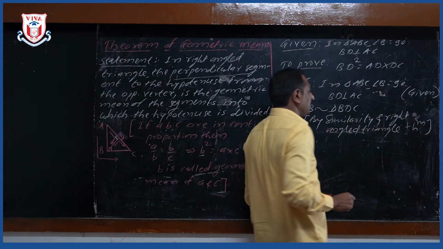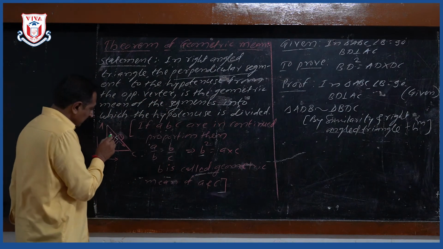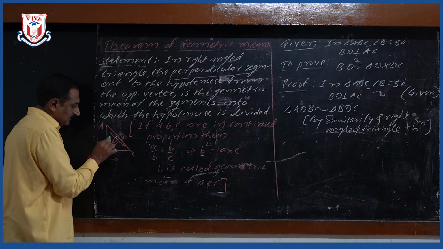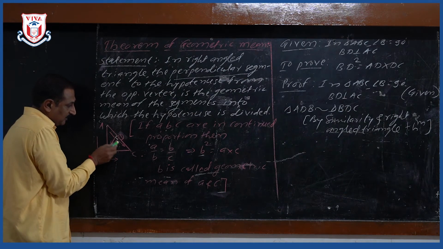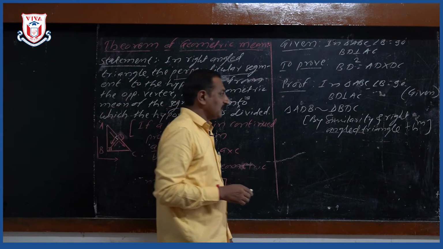In the figure, triangle ADB is similar to triangle BDC since BD is perpendicular to AC, hence these two triangles are similar by the similarity and right angle triangle theorem.